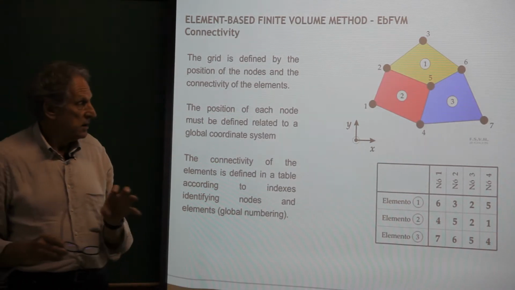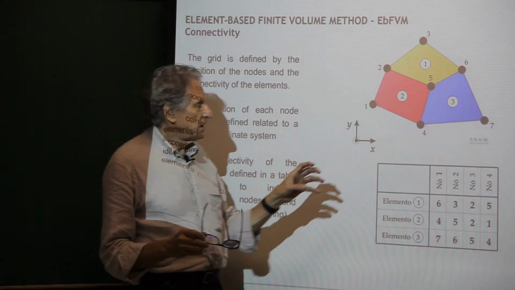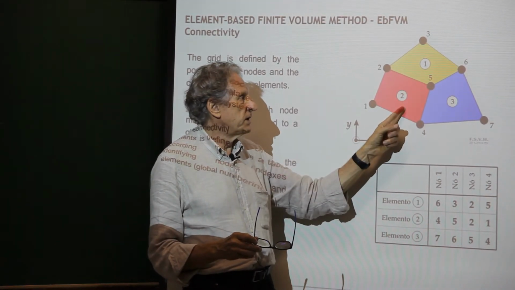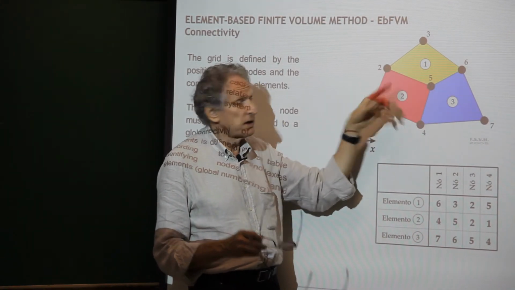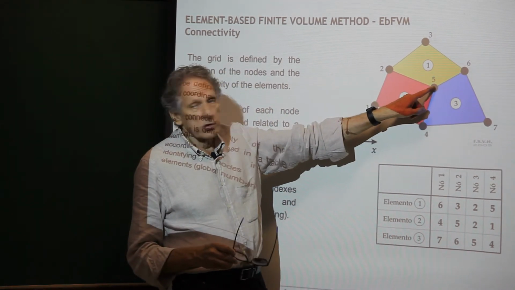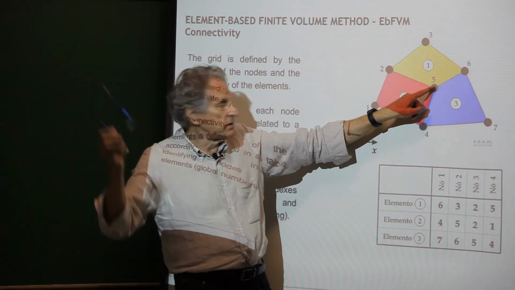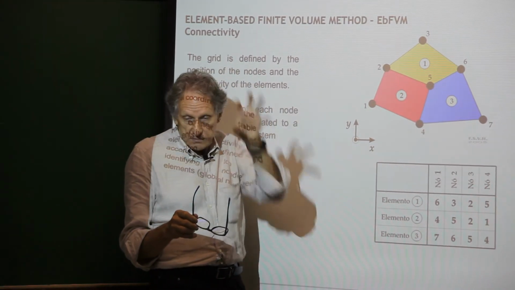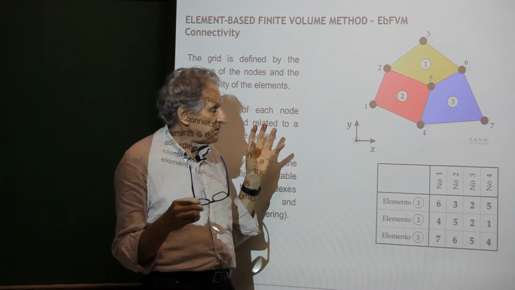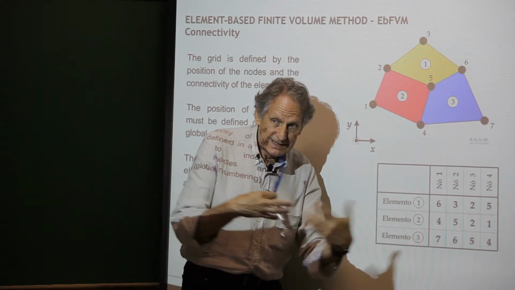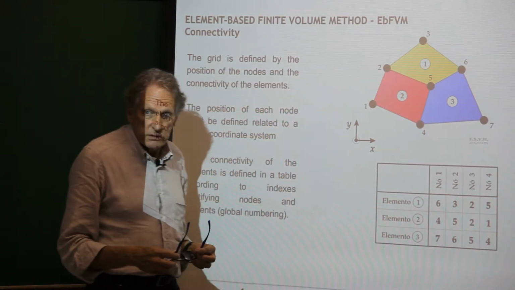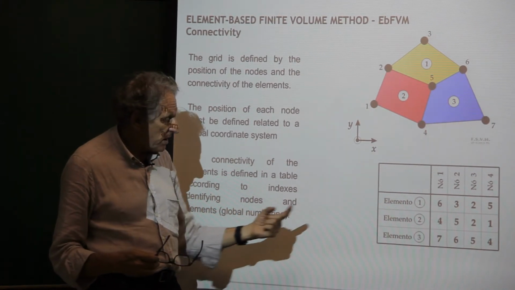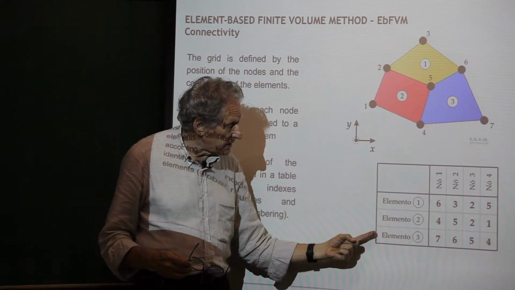Every element is connected to some numbers. In this case, for element 2 it's 1, 2, 4, 5, and for element 3, 5, 6, 7. This number could be 11,000, that one 20,000. So the element has the 4 nodes. This is the connection, the connectivity data structure.